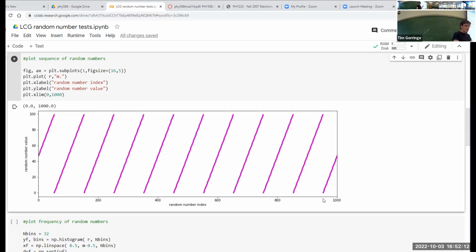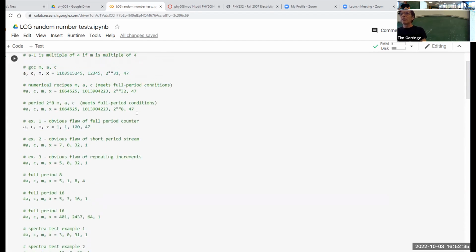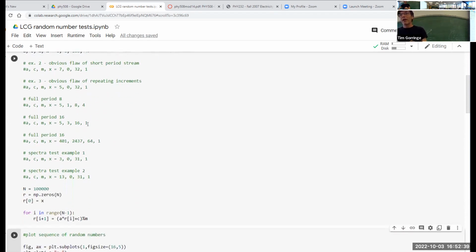So I started with x0, then x1, and x2, up to 1,000 here. So this is my label on my stream of random numbers. And then vertically, I'm plotting the random number itself, starting from the seed value. If we go back up here, I don't know if I said the seed value was 47. For some reason I picked that.